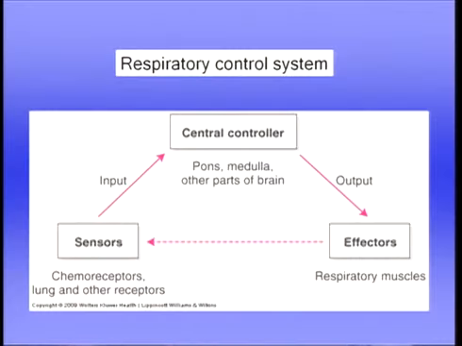The output of the central controller goes to the effectors, which are the muscles of respiration. Of course, we've dealt with them in some detail. We're not going to spend a lot of time on those now, but we'll just review briefly the respiratory muscles.